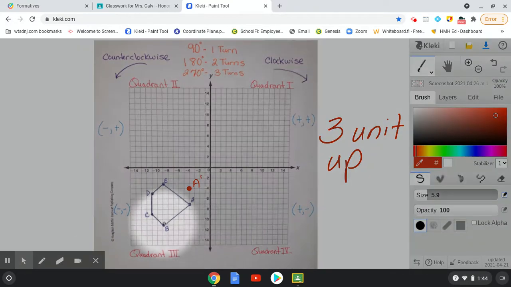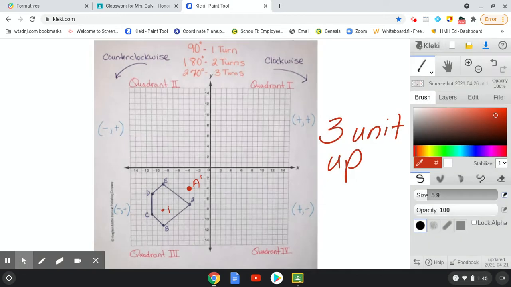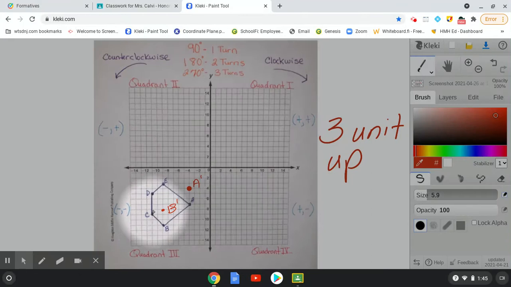Point B, 3 units up. 1, 2, 3. Plot a point. And that's going to be my B prime. Point C, 3 units up. 1, 2, 3. Plot a point.